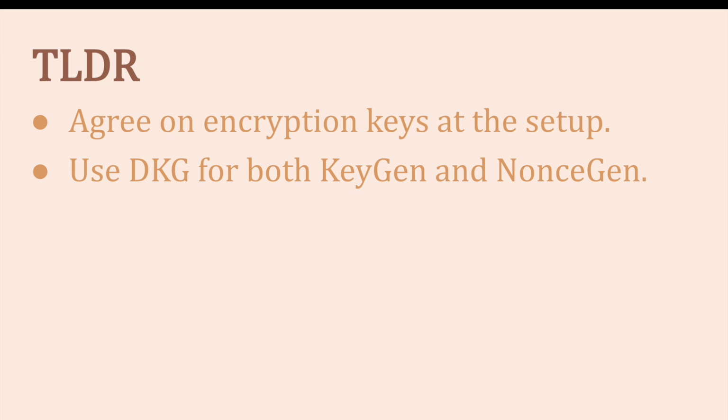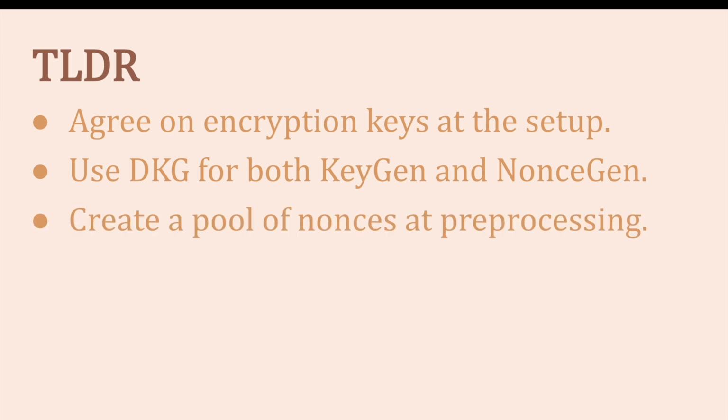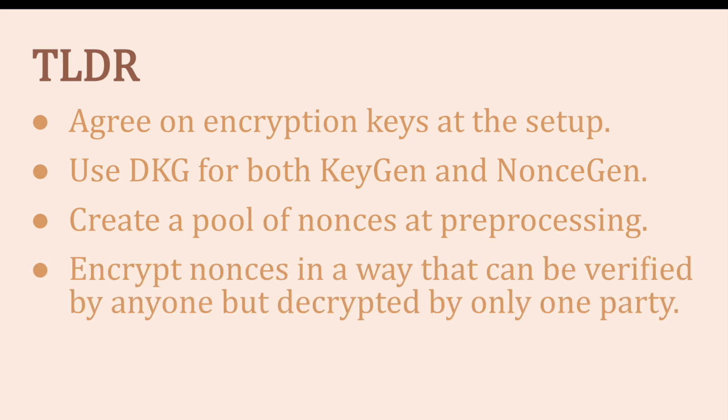The idea also is to use DKG not only for key gen, not only to create the group key, but also to create nonces. So that's mainly how NOIST differs from the others. We create a pool of nonces at pre-processing, and encrypt the secret nonces, the secret values, the scalars, in a way that can be verified by anyone.